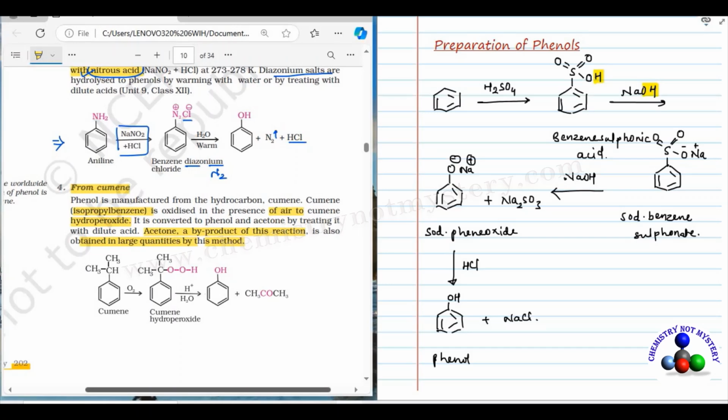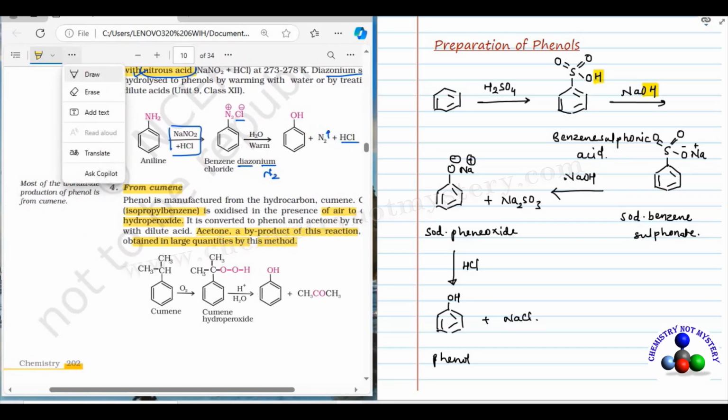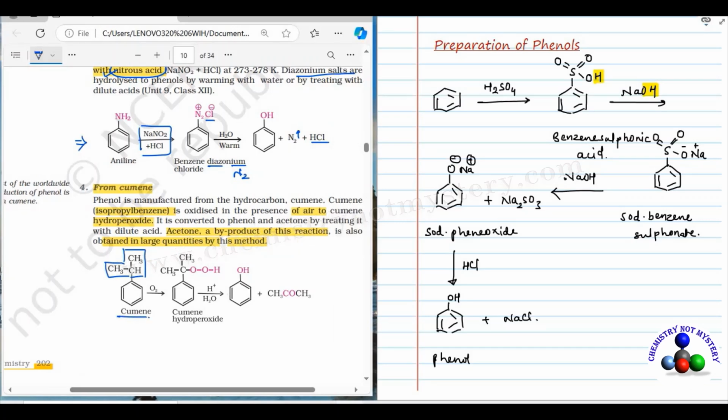So let's examine the reaction. Here this is isopropyl benzene. This is the isopropyl group attached to benzene, known as cumene. When it undergoes oxidation, it forms cumene hydroperoxide.